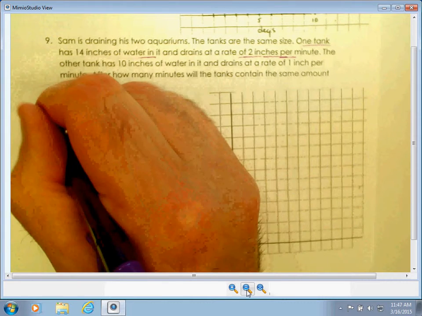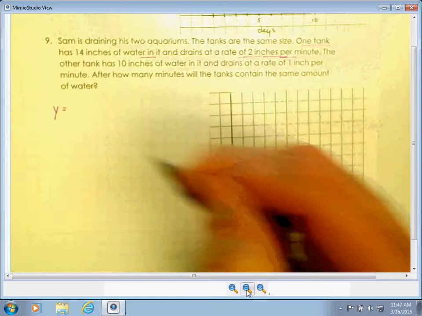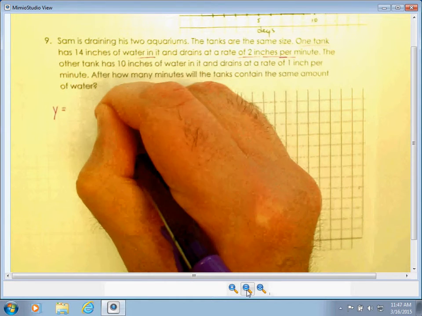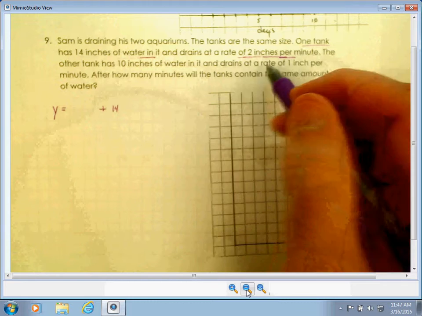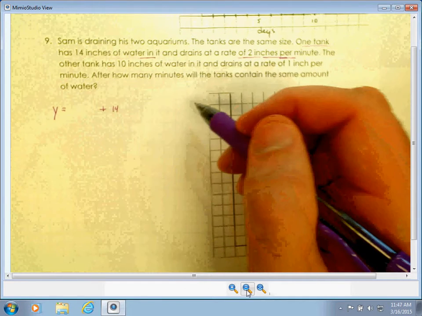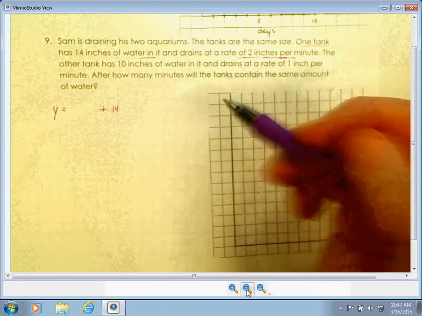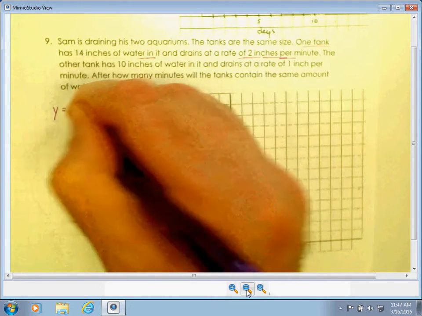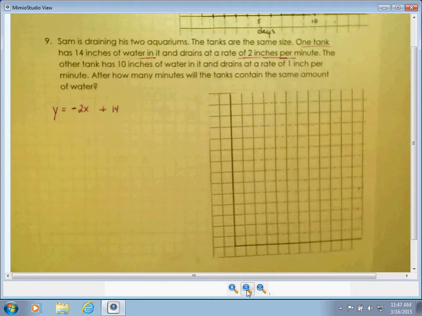So if we think about it this way, we write an equation here. What's the number that we start with that doesn't change? That's the 14. Then the thing that changes is the 2 per minute. But if I write 2x, that means I'm going to gain 2 per minute. So I want to actually write negative 2x because it implies that I'm losing 2 per minute.